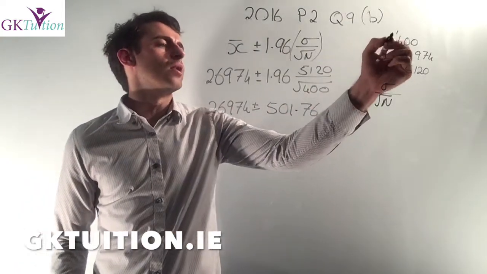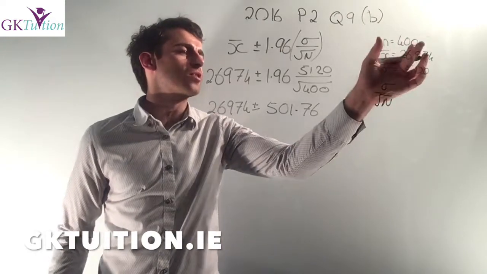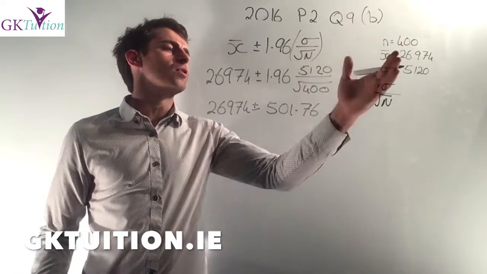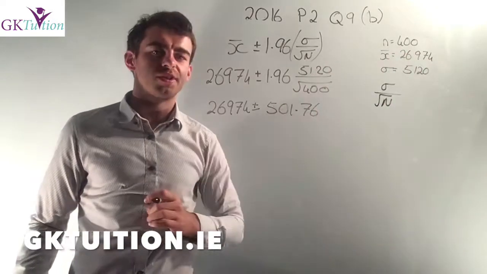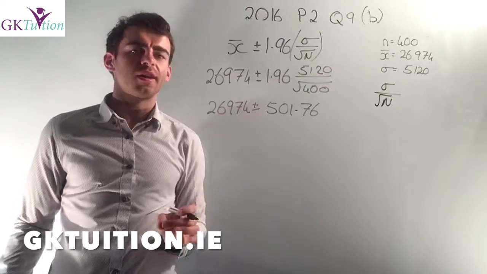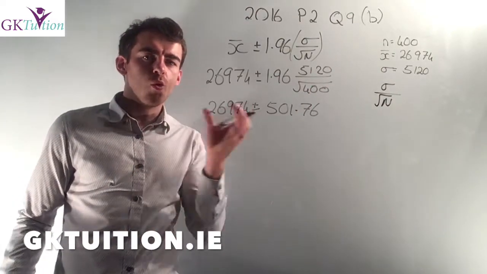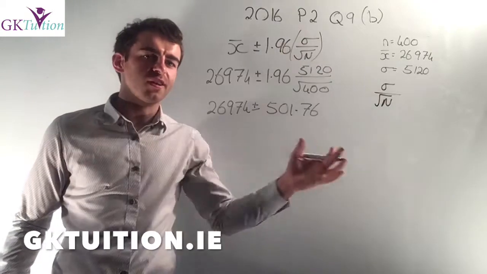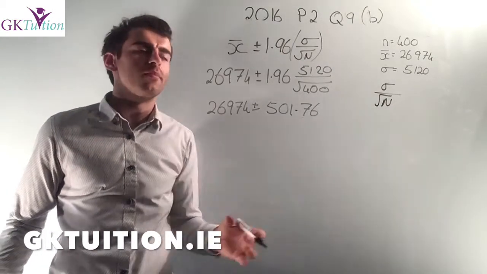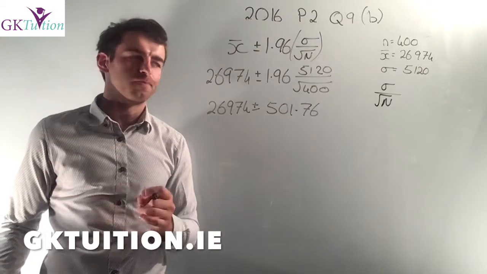Realistically, what they've done in this case is they've surveyed 400 farmers. The average salary of those farmers was 26,974. And we can use this figure as a guideline to figure out what the average of every single farmer in the country would be. If we surveyed the million farmers, what would the average salary be?